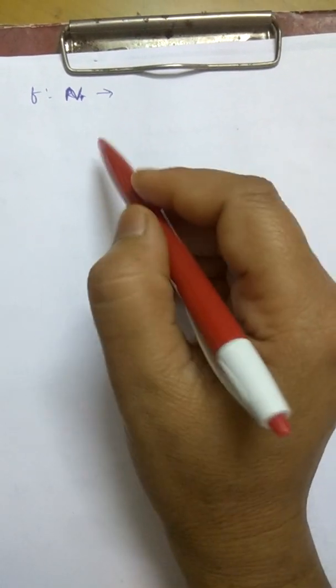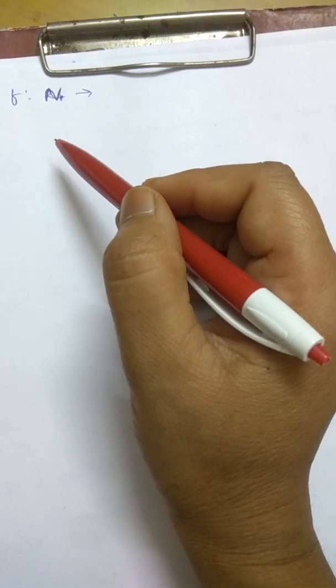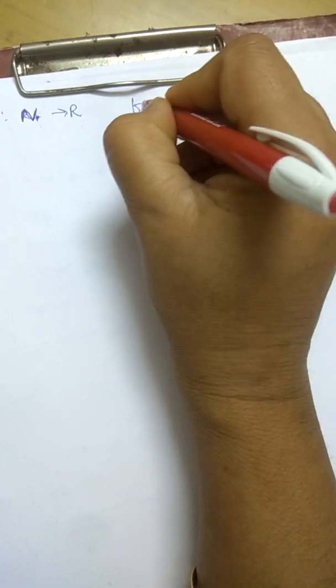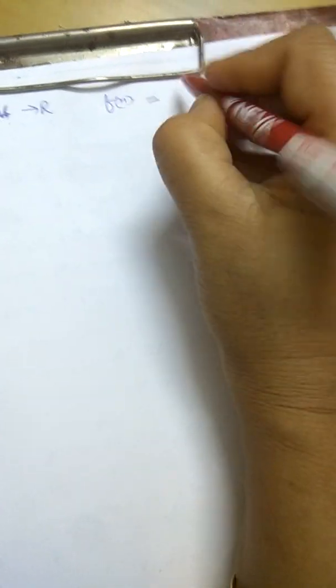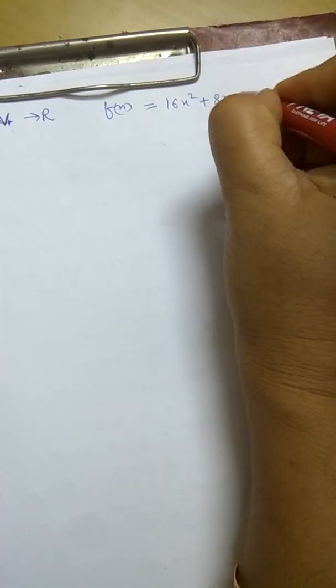Yes. Now we have another method to show the function is invertible and find the inverse. Let f be a function from N to R defined by f(x) is equal to 16x square plus 8x plus 9.